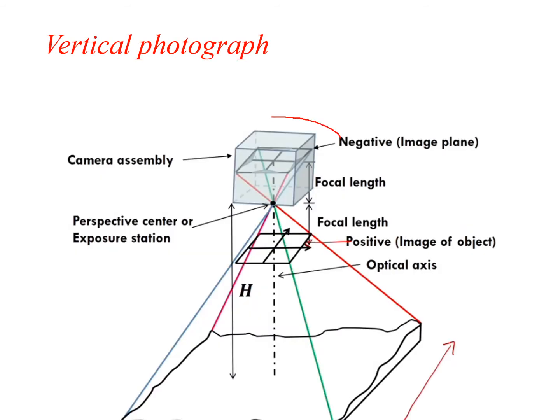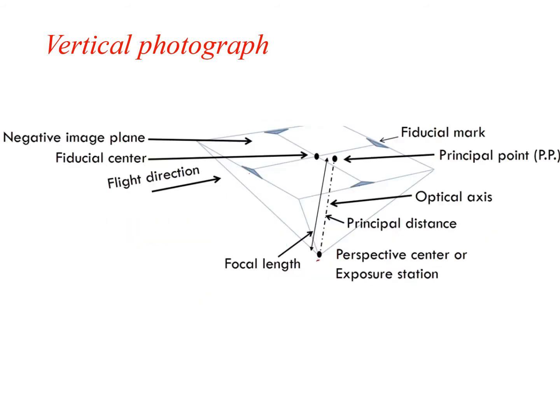Only this much portion is what we are considering. So what is this point? This point is called your perspective center or exposure station, and this is your negative plane.